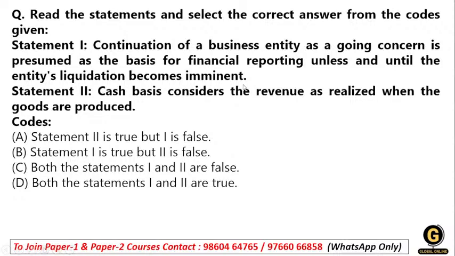So let's start with the second question, where two statements are given to you. The first statement is: the continuation of a business entity as a going concern is presumed as a basis for financial reporting unless and until the entity's liquidation becomes imminent. The second statement is: cash basis considers the revenue is realized when the goods are produced.